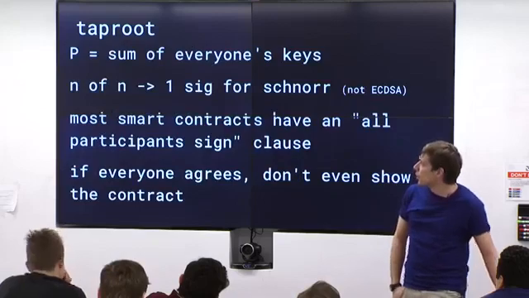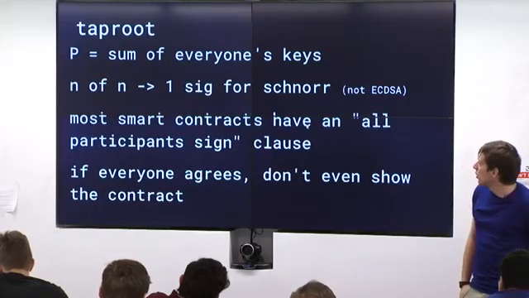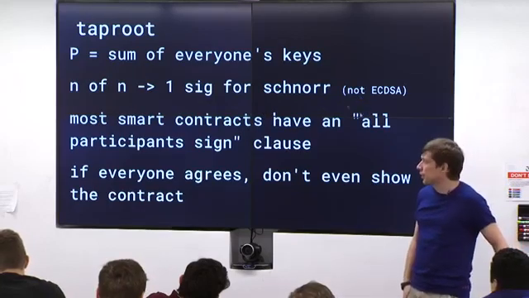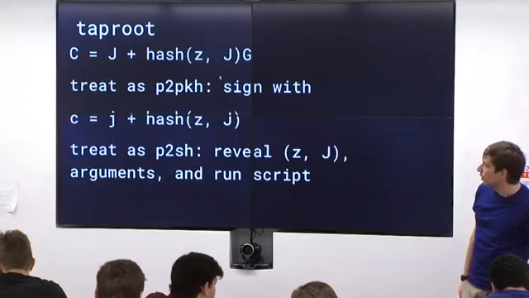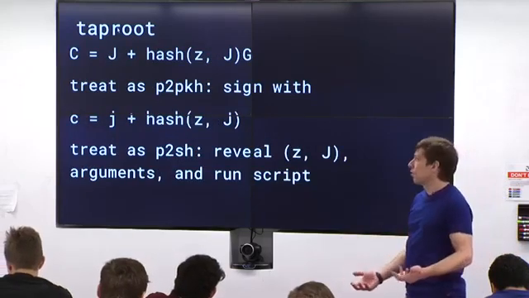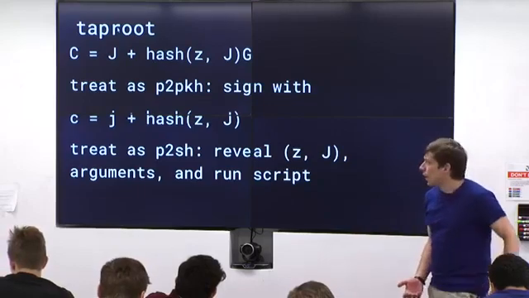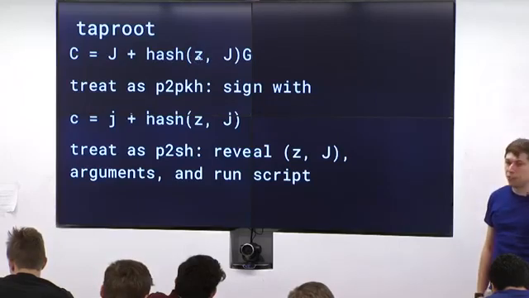So what you can do is you can make the sum of everyone's keys. In Schnorr signatures, we can do this, and we can sign without revealing each other's private keys. So you can say, okay, what I'm going to do is J is the sum of like 50 different pub keys. And then Z is that Merkle tree of 2 of 50 signatures.